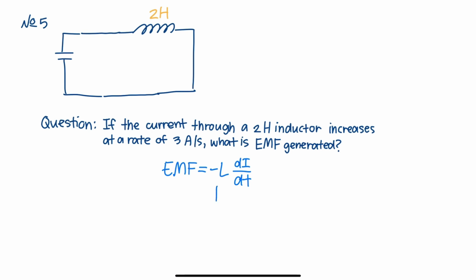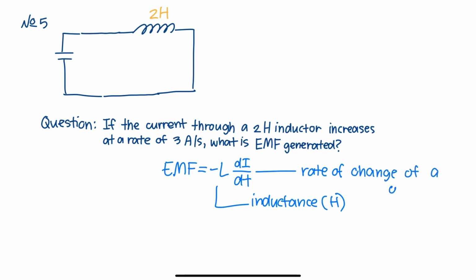In this case, L stands for inductance in henries. Di over dt stands for rate of change of a current, and it is measured in amperes per second.